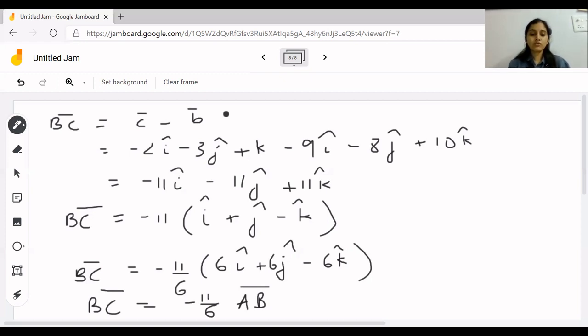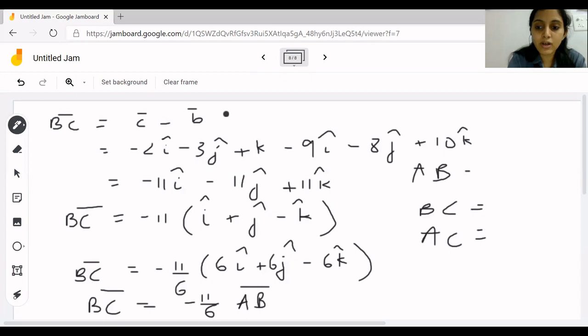This is one method of solving it. You can also get distance AB, BC for the second part of the sum, for PQR also, you can do the same thing and get the vector. You can also use the position vector R cap and get each vector, that is, let's say AB, BC and AC in scalar multiples of R cap.